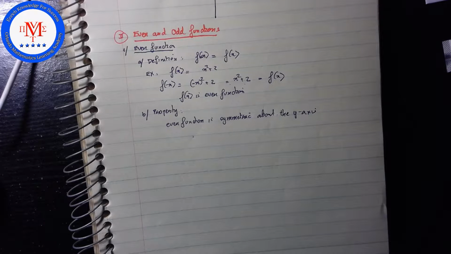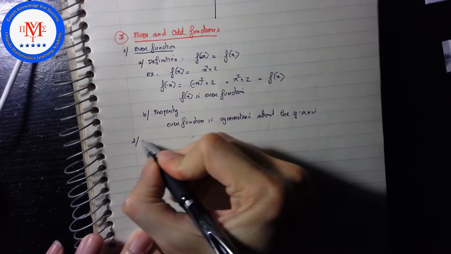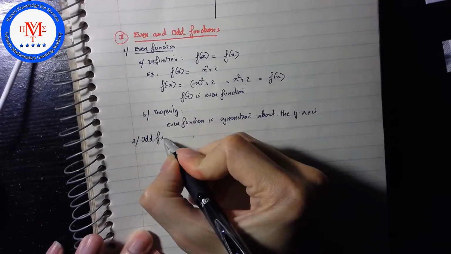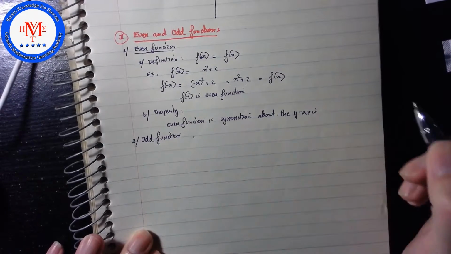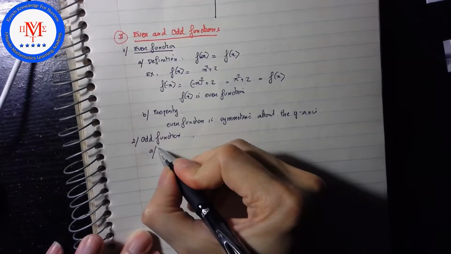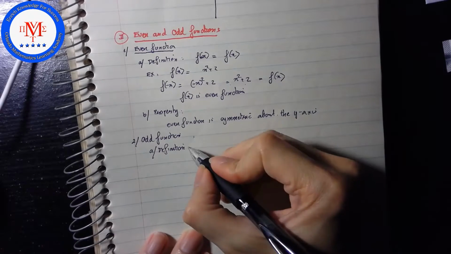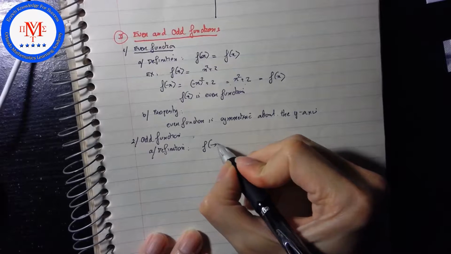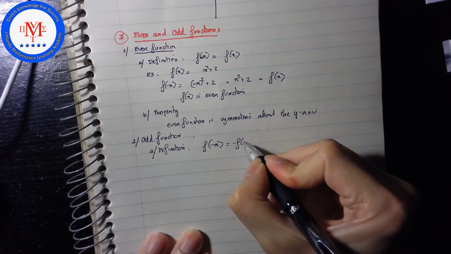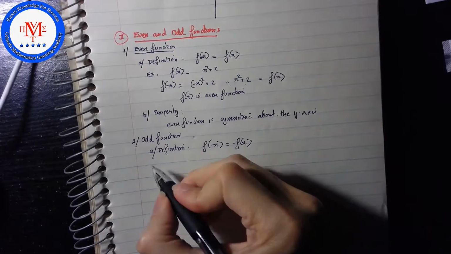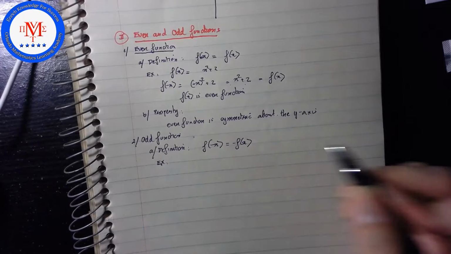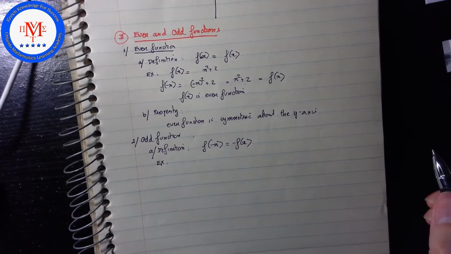Second, odd function. Definition. A function is an odd function if f of negative x equals negative f(x). Example. I want to check f(x) equal to x cubed minus x.